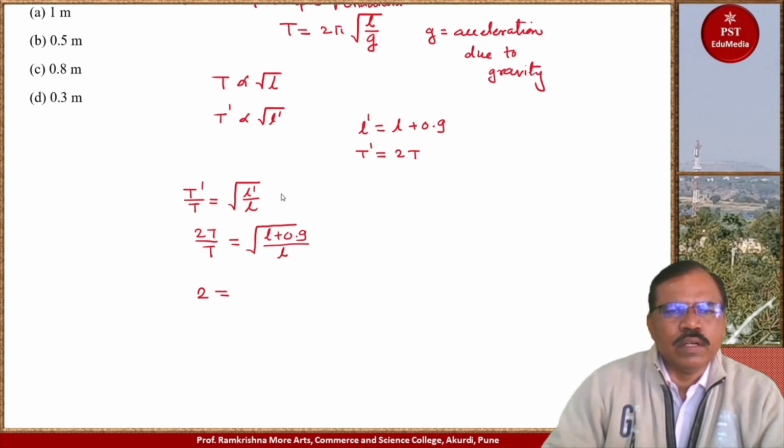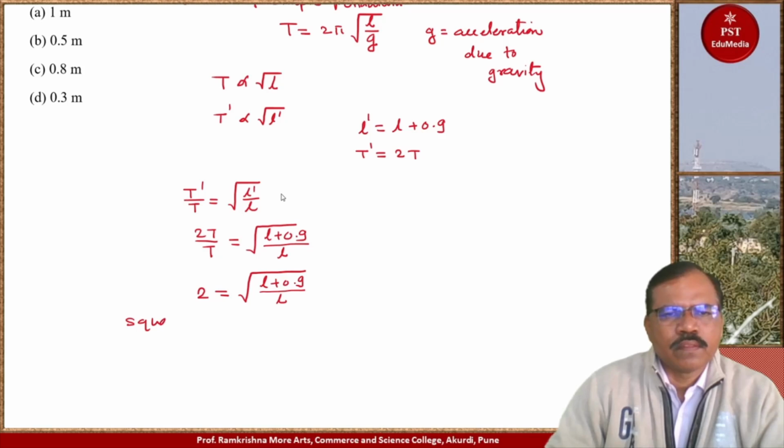So 2 is equal to square root of L plus 0.9 upon L. Squaring on both sides, we get 4 is equal to L plus 0.9 upon L.